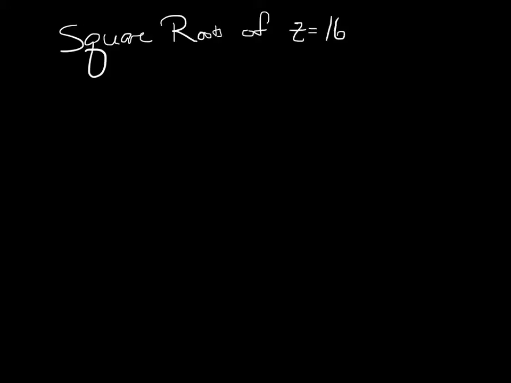So let's say we wanted to find the square roots of this number. This is z equals 16 cis 60 degrees. Well, there should be 2 square roots. So n is 2. We're going to have 2 answers to this question here. And the way we find them is we assign values to k.